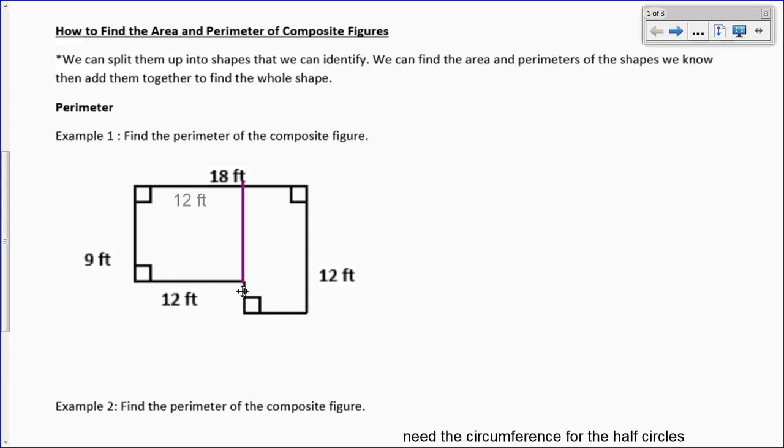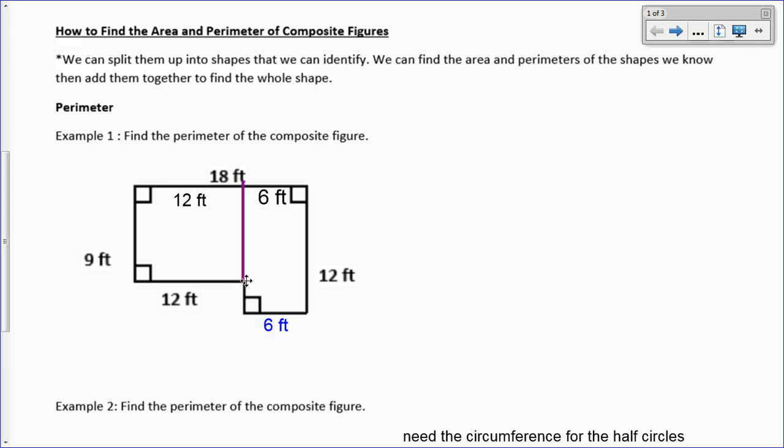So we know that this one is 12 feet. So something plus the 12 feet will give me the 18 feet total. So I have to work backwards. 18 minus 12 gives me 6 feet. So this side, just this part, must be 6 feet long, which means that this side below is also 6 feet. That's one side that I filled in.